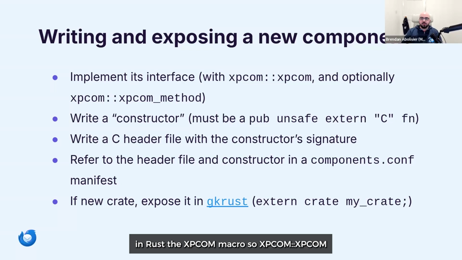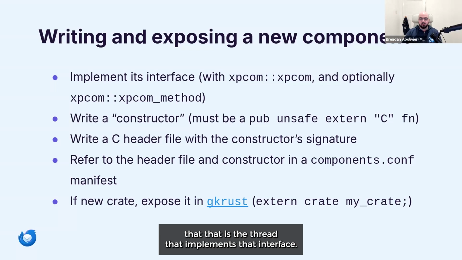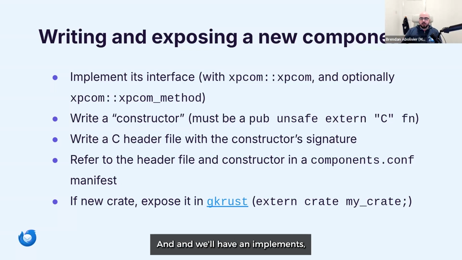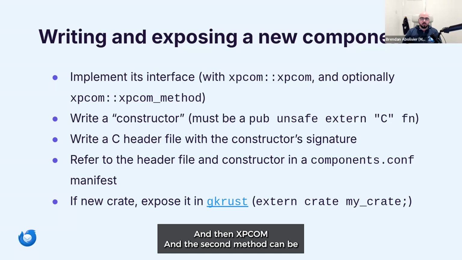The xpcom macro, so #[xpcom(implement(...))], will usually be an attribute of the struct that implements that interface, and will have an implement argument with the specific name of the interface it implements. Then xpcom_method can be used to facilitate the implementation of each specific method of that interface on that struct.